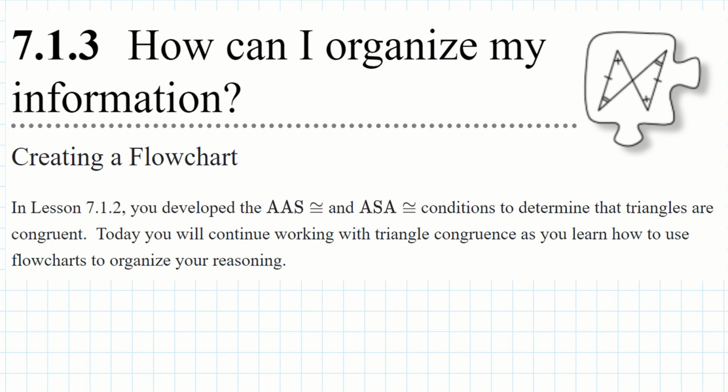So what we're going to do today is look at a couple triangles and decide if the triangles we're looking at meet those conditions, either one of them. And if the triangles meet the condition, then how do we organize an argument that the triangles are congruent?